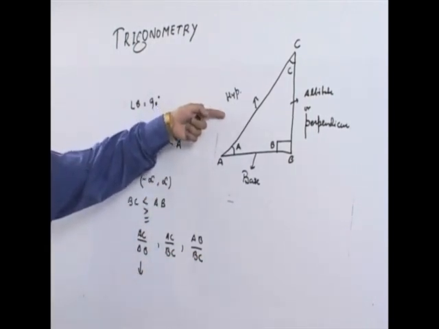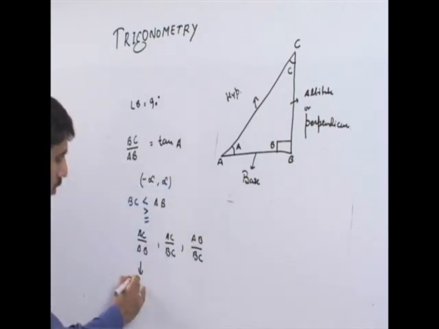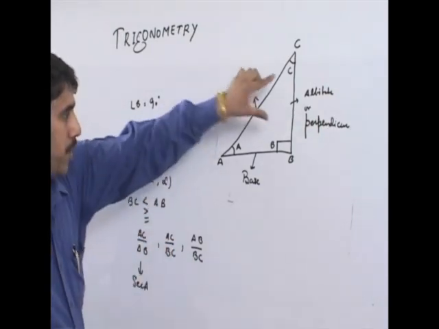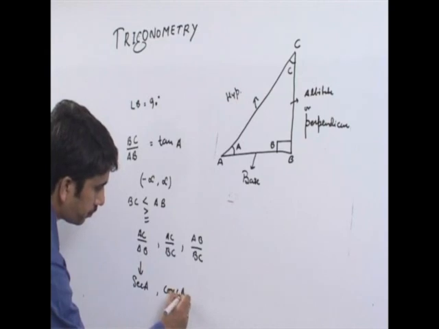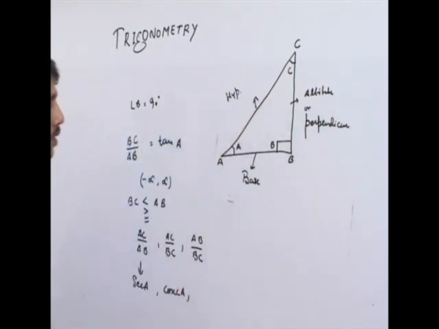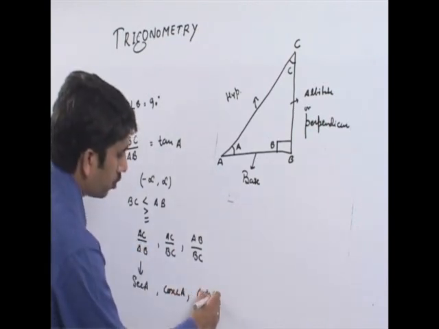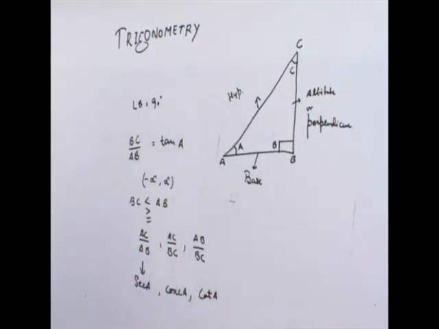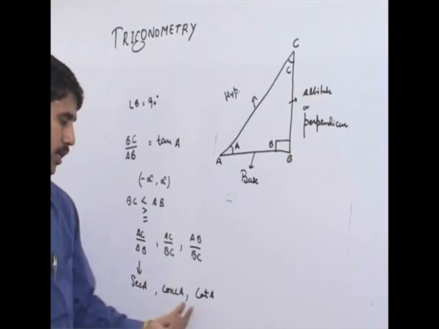Hypotenuse over base AB is called secant of A. AC over perpendicular BC is called cosecant of A. AB over BC is base over altitude, that means cot of A, or cotangent of A. They are written as sec A, cosec A, and cot A.